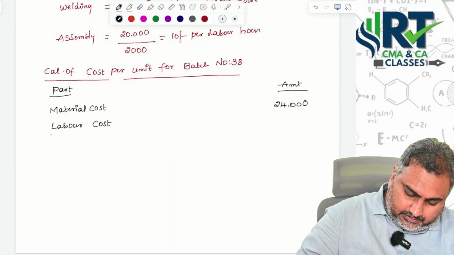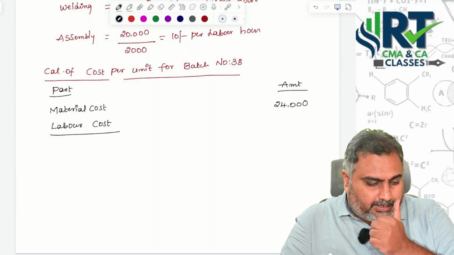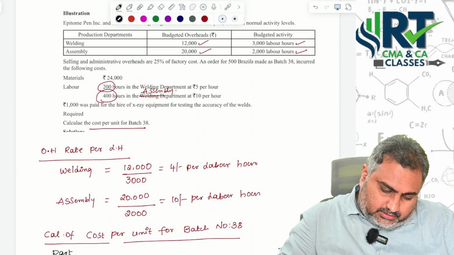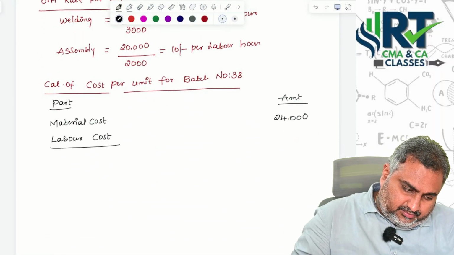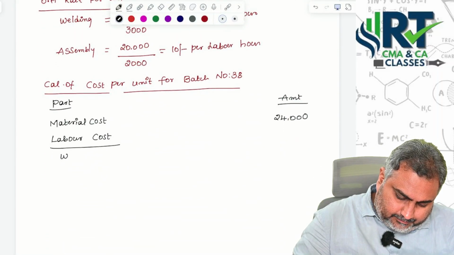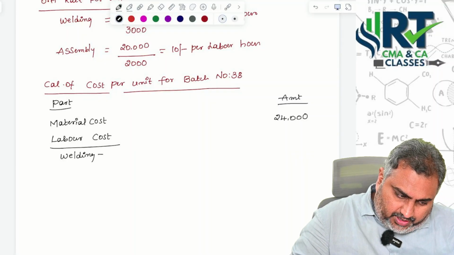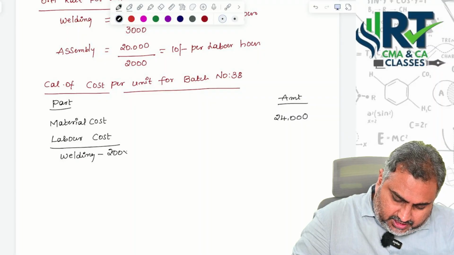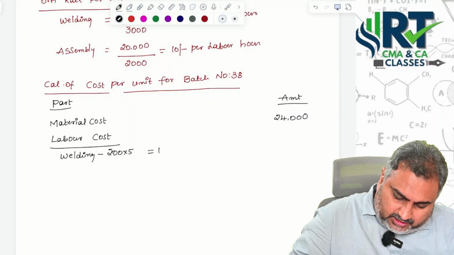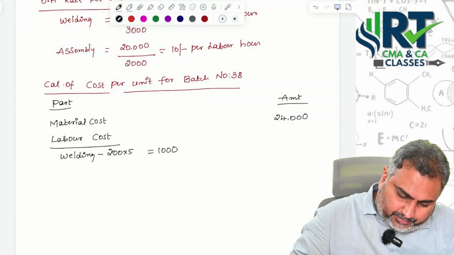Under labor cost we have two departments, welding and assembly. Welding: 200 hours into 5, that is equal to 1000 rupees.